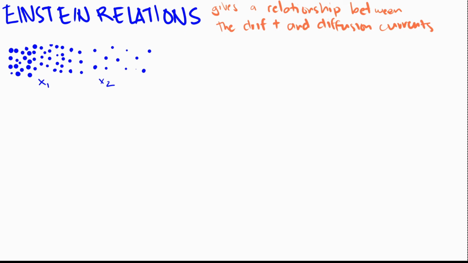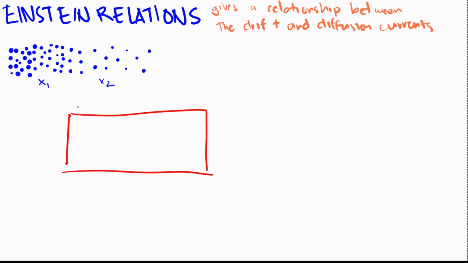So to look at this, let's consider a material under an electric field E. So let's say we have this material here. We apply an electric field as so. So this will become positive and negative.